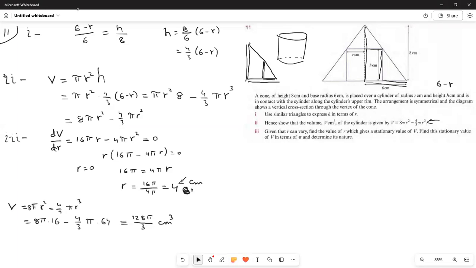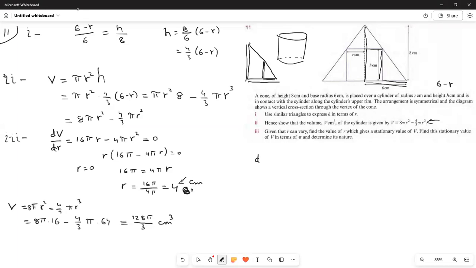Now we need to determine its nature. In order to find the nature, we need to find the second derivative. We know that the stationary value occurs when r is 4, but is it giving us the maximum volume or the minimum volume? This is the question.